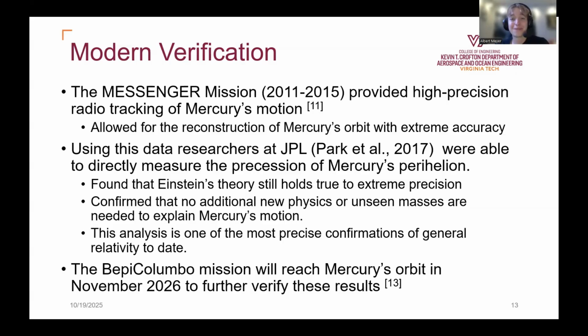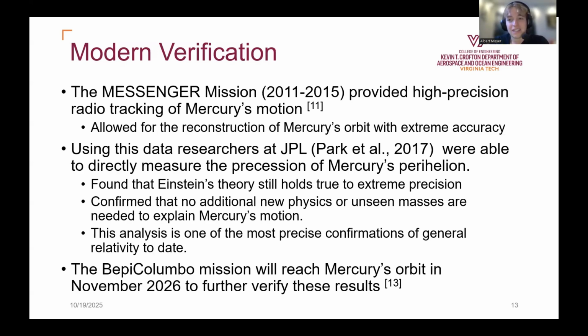There's no unknown body that's unaccounted for, and there's no new theory of physics that needs to be explained to find Mercury's motion. It is all accounted for, which is very cool that we were able to calculate the orbit of this planet to such high precision.